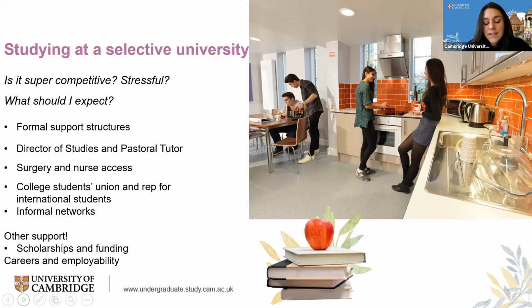Of course, there are other types of support as well. At undergrad and postgraduate level, the university does have some scholarships and funding, but of course you have to apply and be awarded before you start your program.